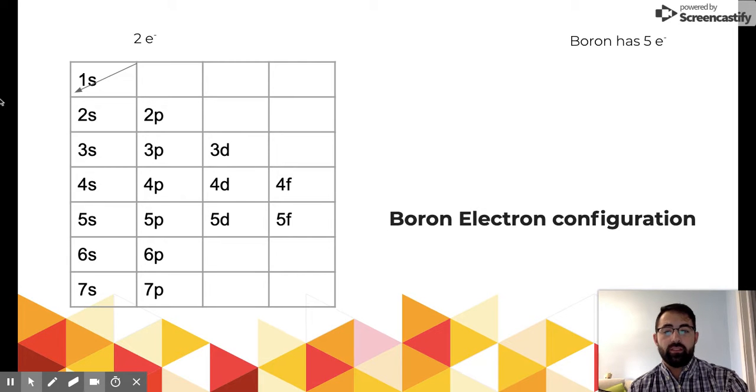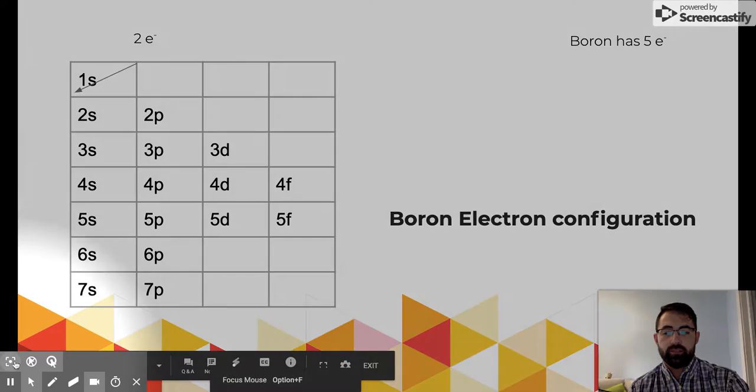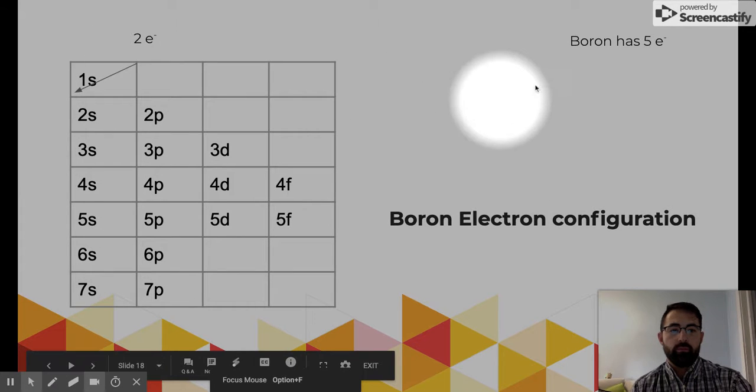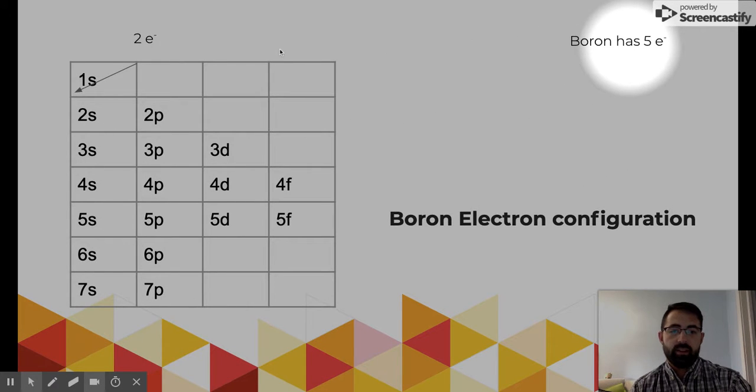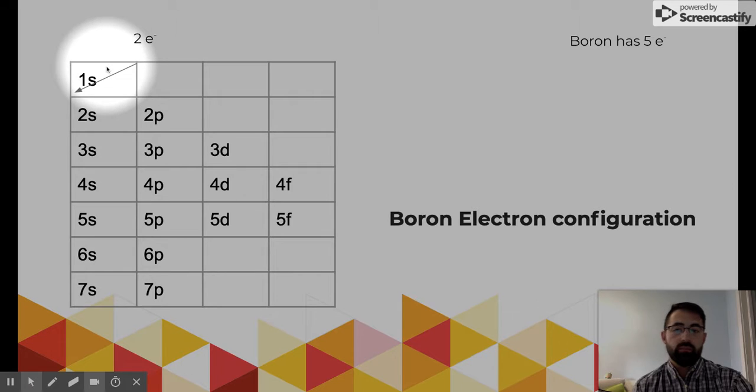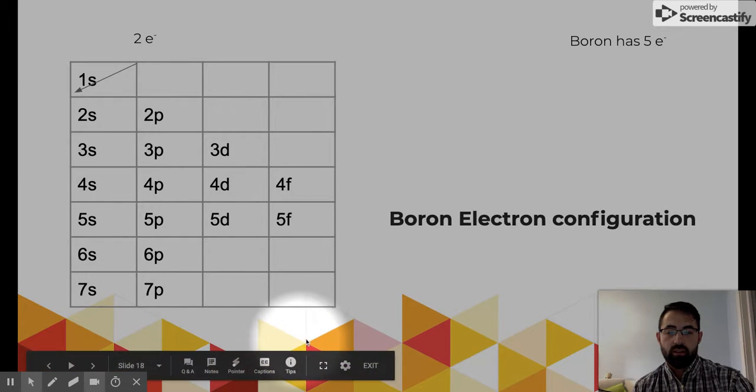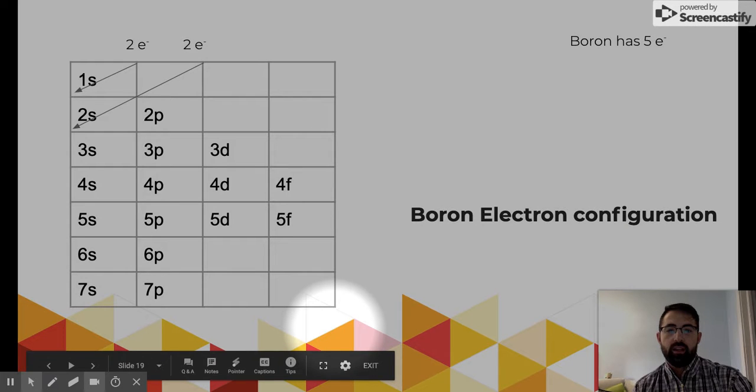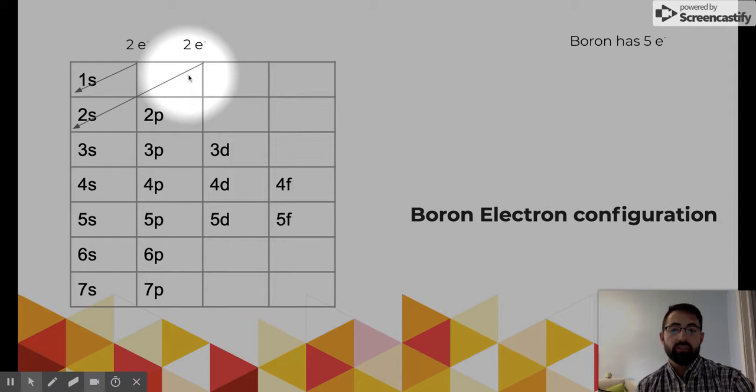Remember, boron has 5 electrons. In the first orbital, we have 1s, which fits 2 electrons. The second orbital starts off with 2s, so 2 electrons fit here in 2s. So we have 2 electrons in 1s and 2 in 2s, which counts for 4 electrons so far.